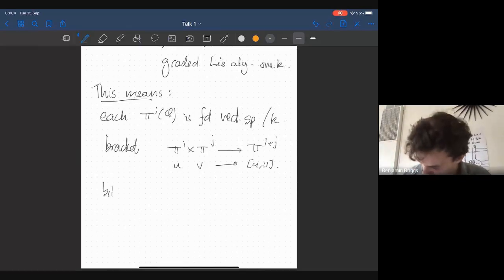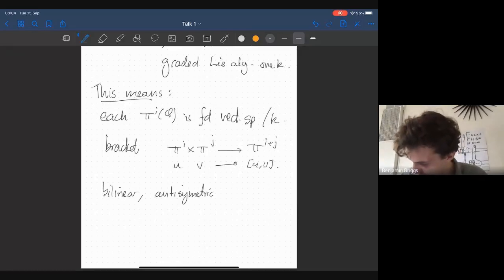It's bilinear, as you would expect, and it's anti-symmetric, which means that if you switch the order of the two things in the bracket, you get minus 1 to the ij times the bracket of v and u.